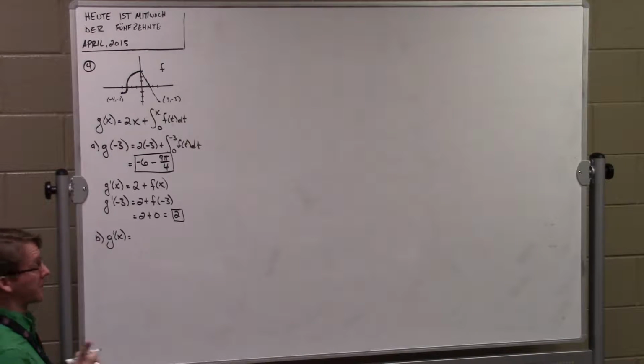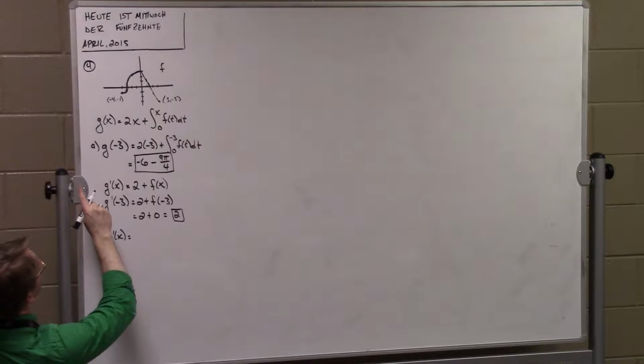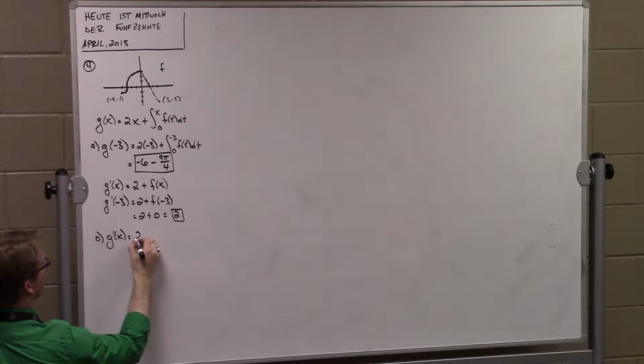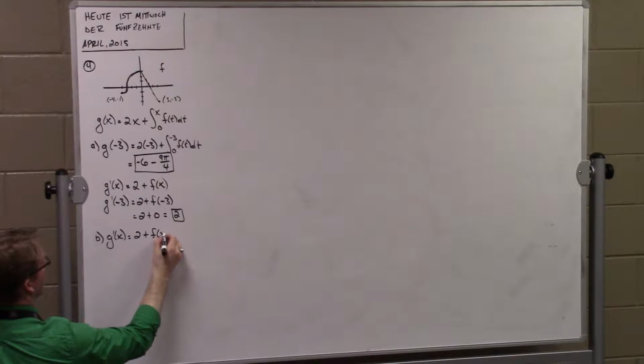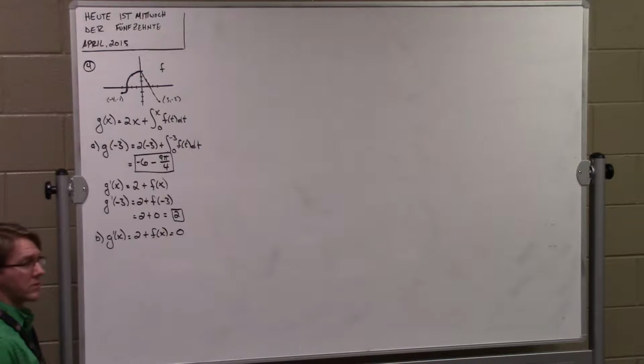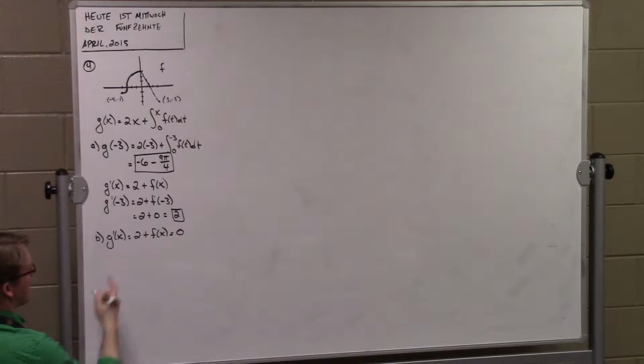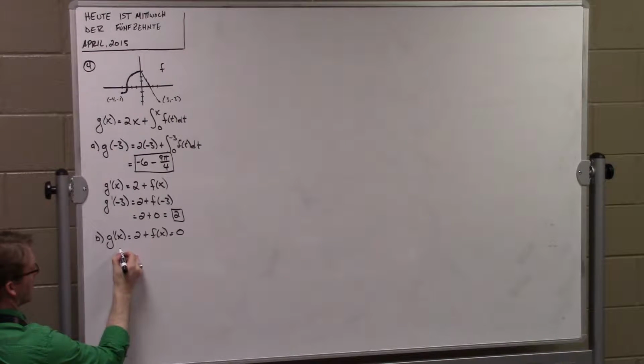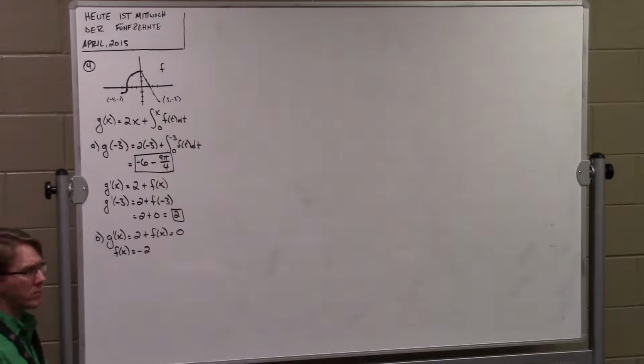G prime is not f. It is that. Yeah. Okay. And we'll set that equal to 0. Okay, so basically what we want to know is where does f of x equal -2? Exactly, yeah. Where does f of x equal -2?